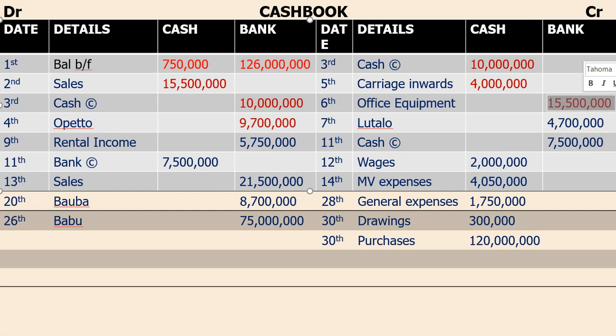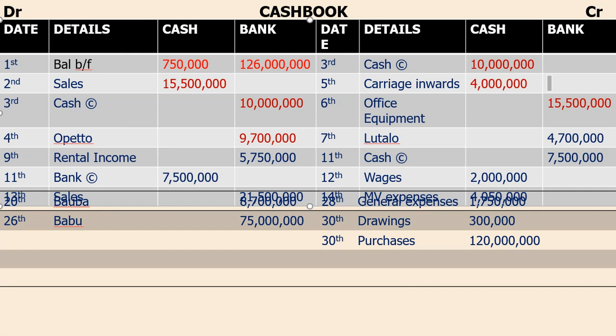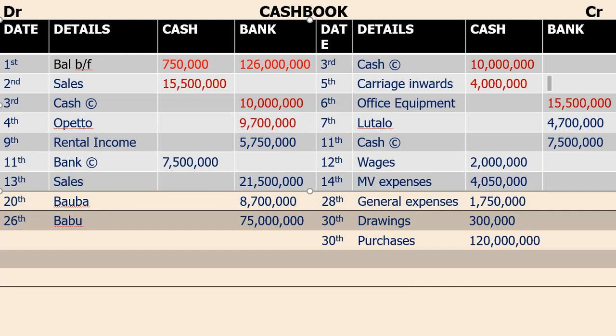Why? We are acquiring office equipment by check. Therefore, the bank is losing because of the equipment. That one is recorded.